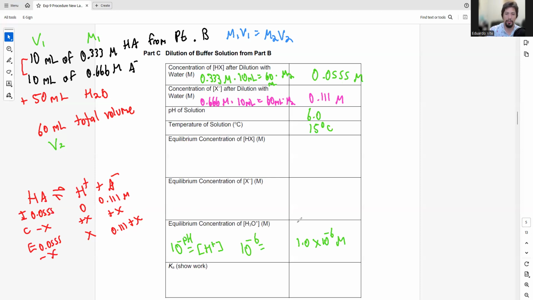We already solved for X. So the concentration of A minus is going to be 0.111 plus X. X in this case is 1.0 times 10 to the minus 6 molar.